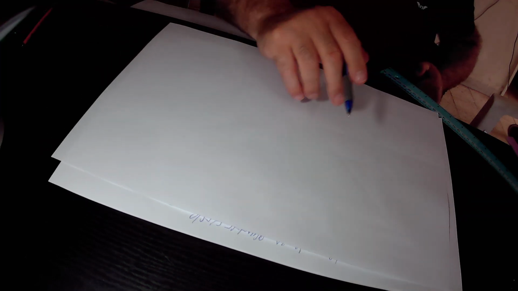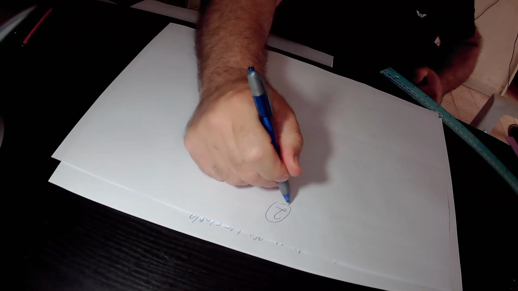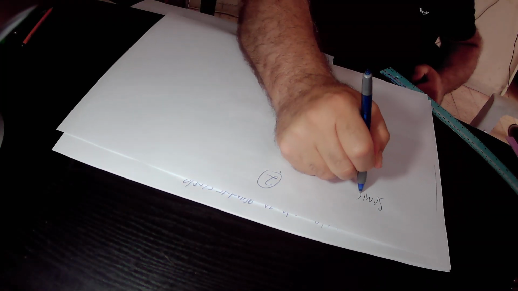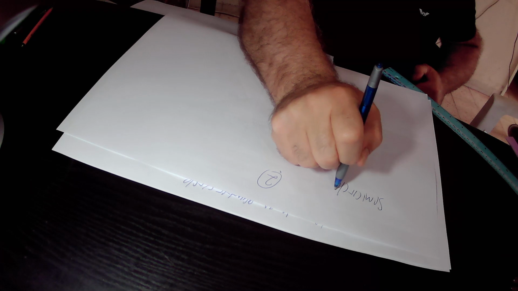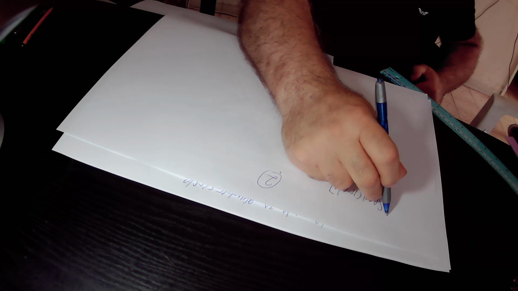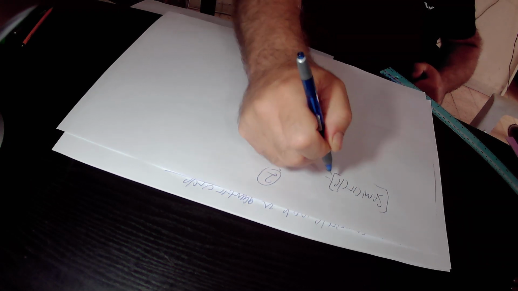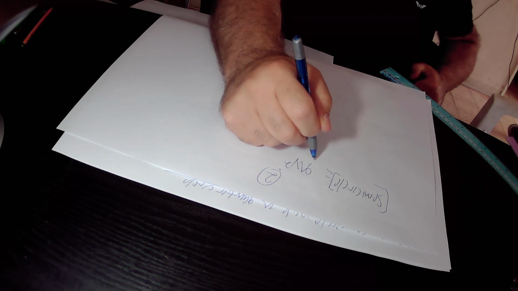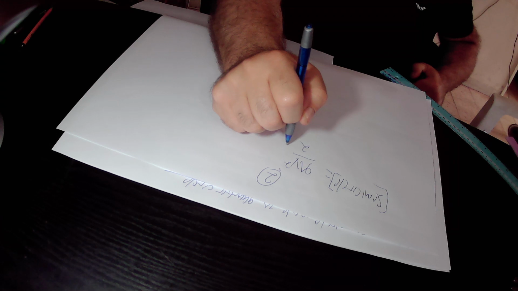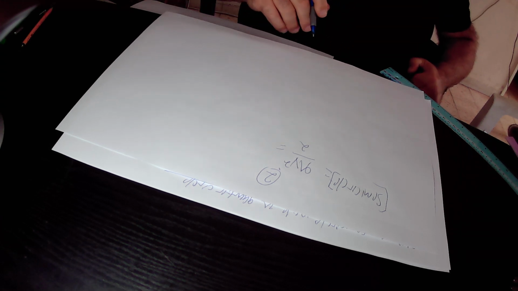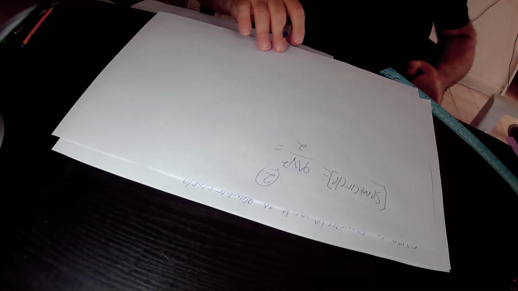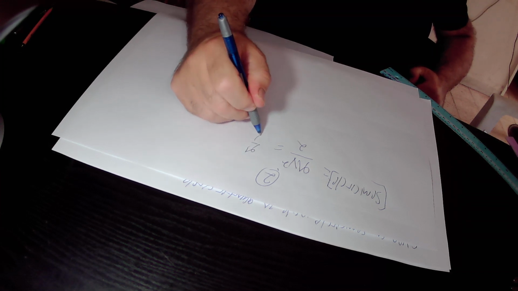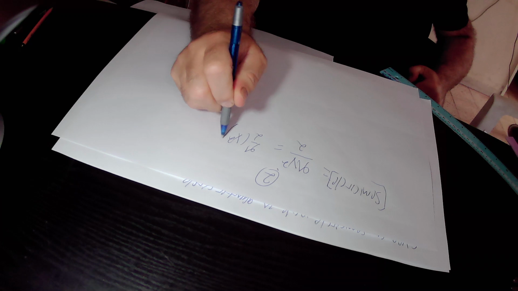The area of the semicircle will be equal to pi x squared, that is the area of the circle, divided by 2. So the area of the semicircle equals pi over 2 times x squared.